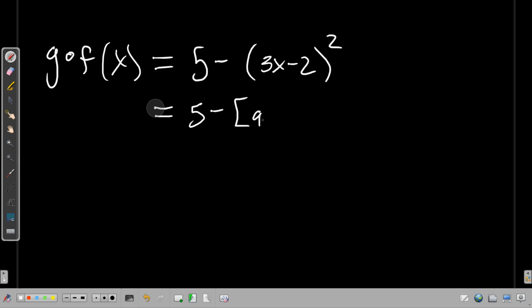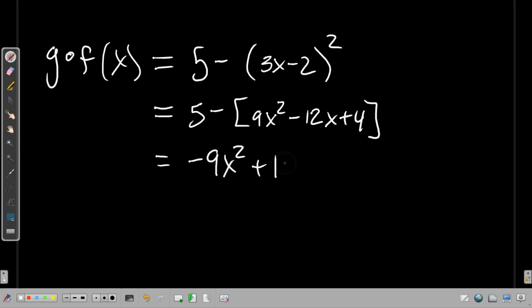So I get 9x squared minus 12x plus 4, and distribute the negative and add the 5 and the minus 4, and you'd get minus 9x squared plus 12x, and then 5 minus 4 is just plus 1. So here is g circle f at x. You can evaluate it at whatever point you want to.